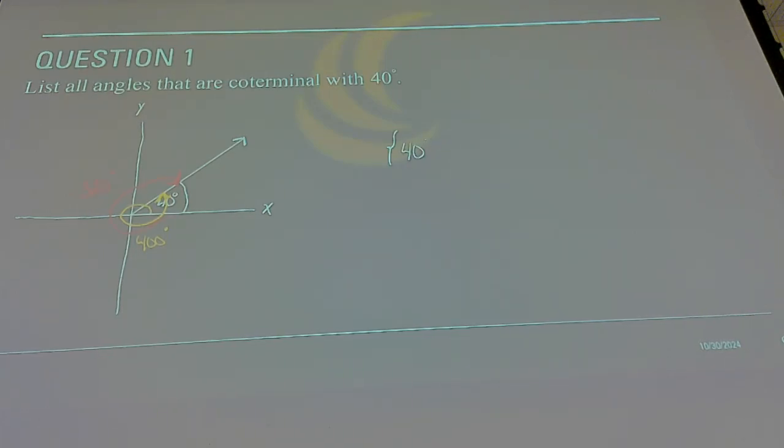So that would be the list of all coterminal angles of 40 degrees. There's an infinite number of them. But they're all going to be of the form 40 degrees plus some multiple of 360 degrees.